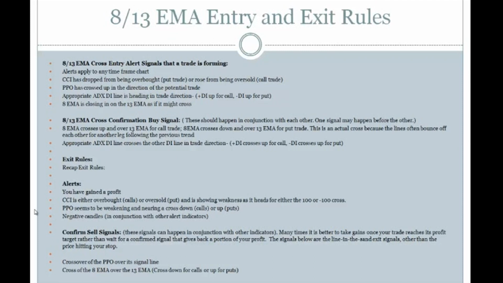Your exit rules are, in a sense, going to be kind of in reverse. Again, you hopefully will have set a profit target, and it could be a line of support or resistance.